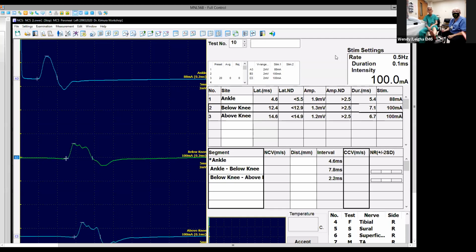Okay. This is different. I don't know why the waveform is different. Let's see. Is there any way to prove it? Can you wiggle your toes? You don't have a very big EDB. Okay. But let's do the inching.